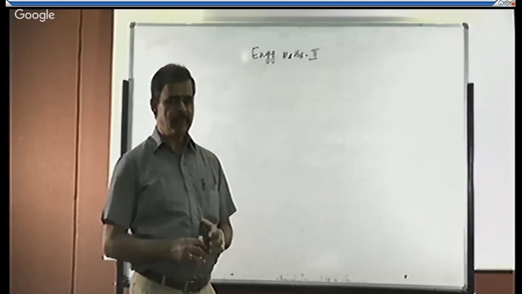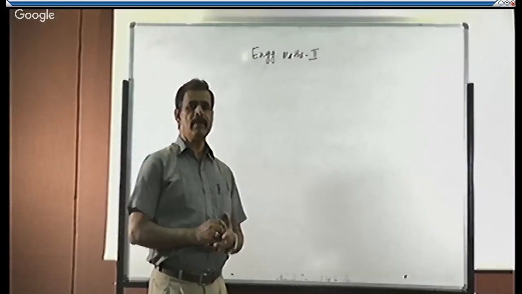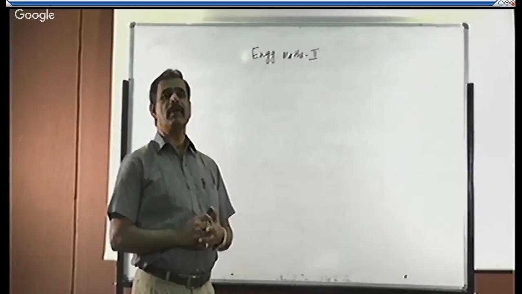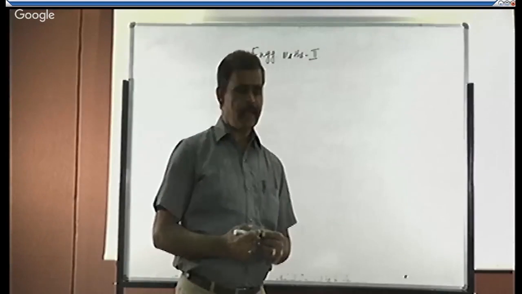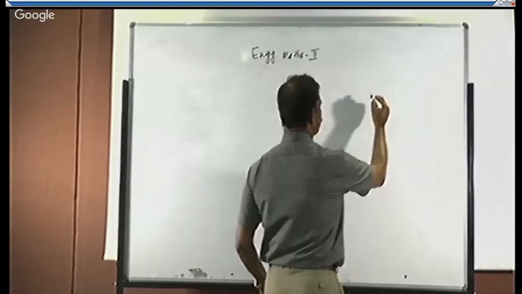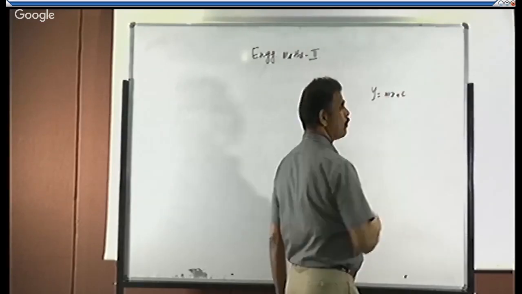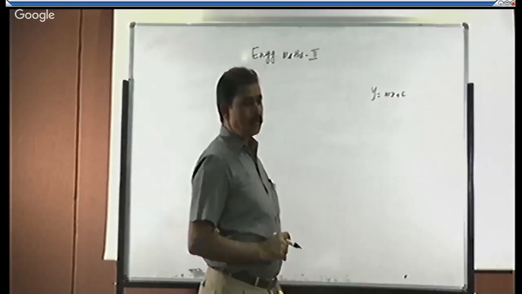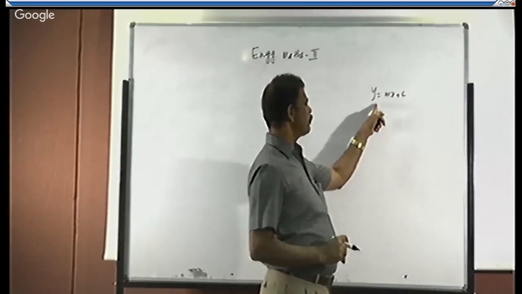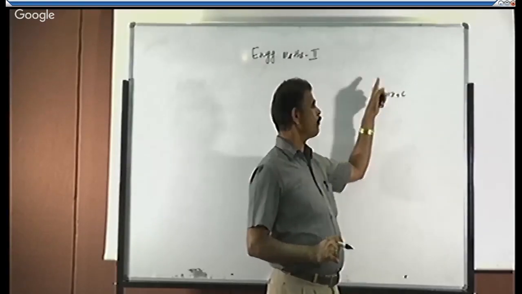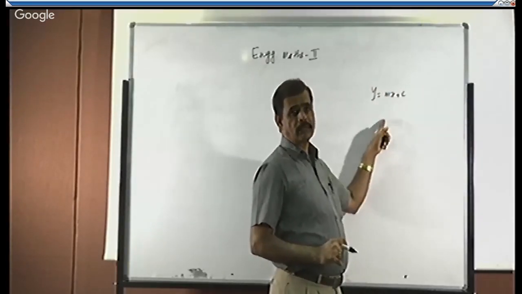And also we discussed the slope-intercept form, y is equal to mx plus c. This is one form of line. Based on this form of line, we work without any problem.